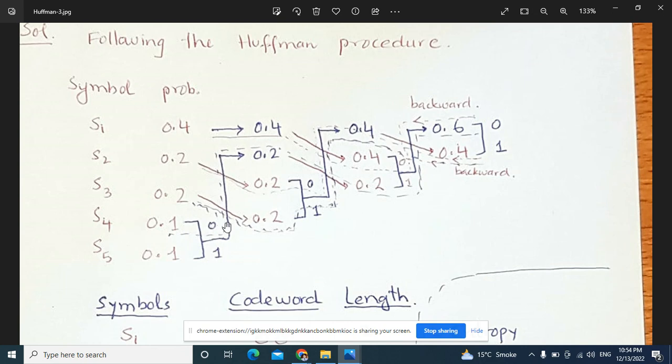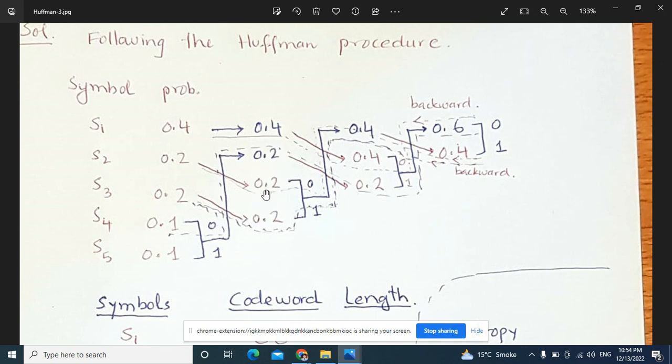You can place it as high as possible, but you cannot place it on top of the 0.4, because 0.4 is bigger than 0.2. So that is why you write 0.2 here, and then 0.4 here. So this 0.2 will be here, and this 0.2 will be here.